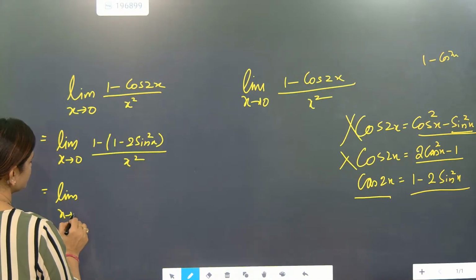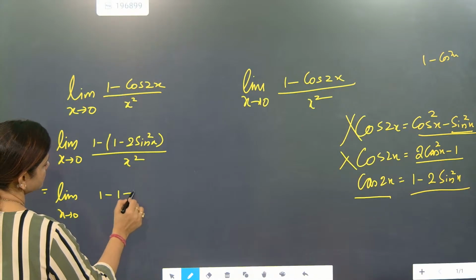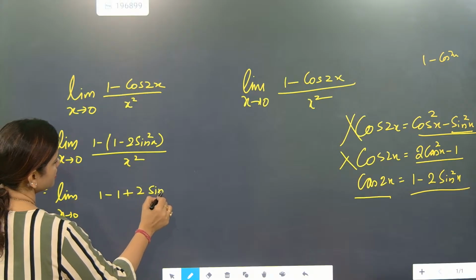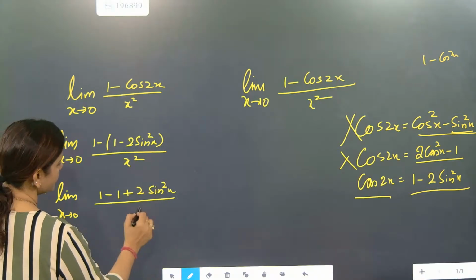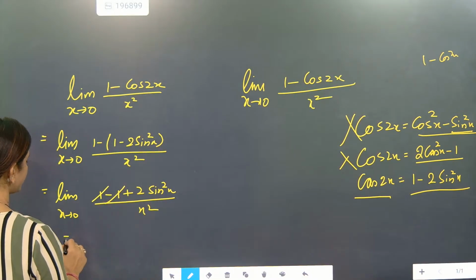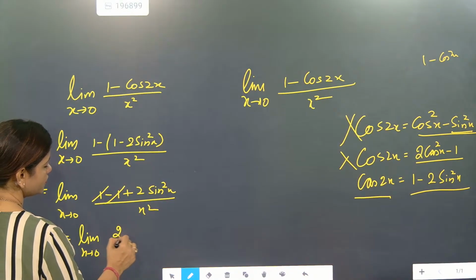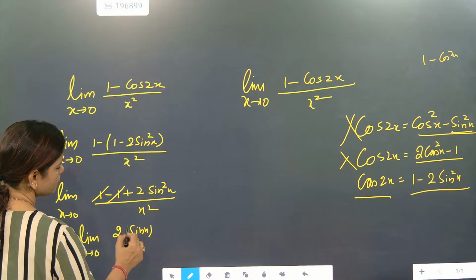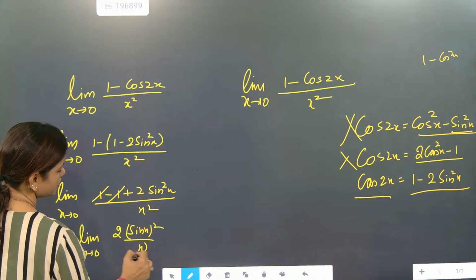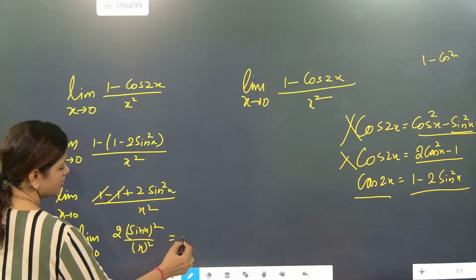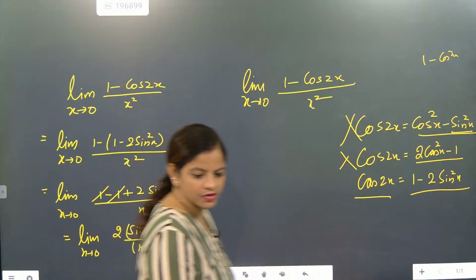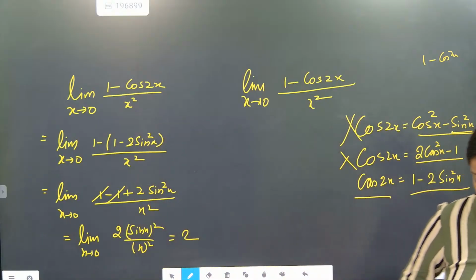Limit x tends to 0, open this bracket, 1 minus 1 plus 2 sine square x by x square. This and this will get cancelled. It will become 2 sine x whole square by x square, x whole square. This part will become 1, and the answer will come as 2. Yes, now it is correct.